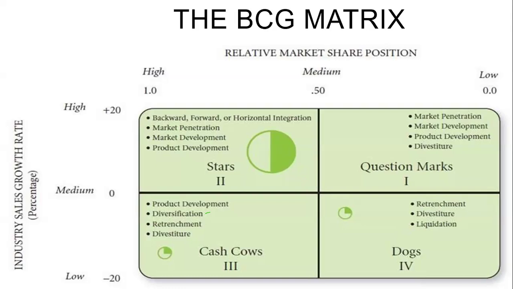When we say your industry sales growth rate is medium to low, it means you have reached a point of saturation wherein, despite the investments and innovations that you inject into your division, it is still not able to catapult you to achieve a higher growth rate potential.